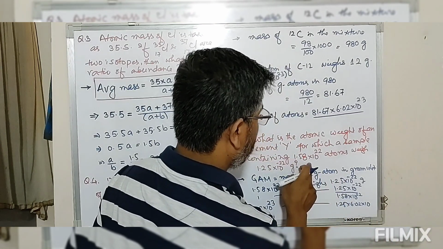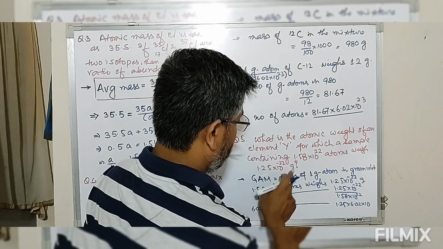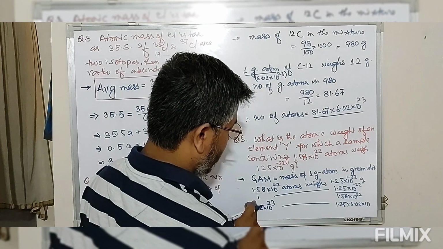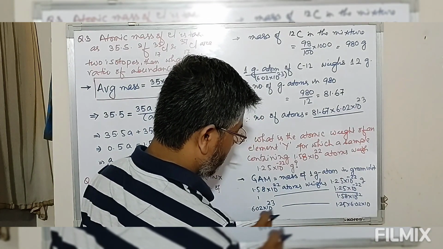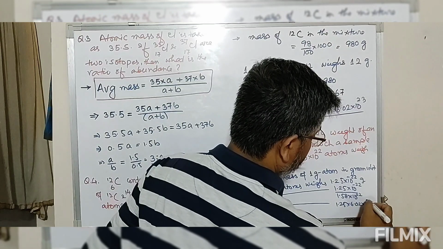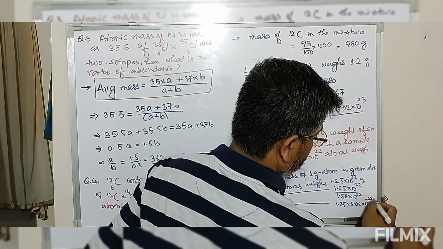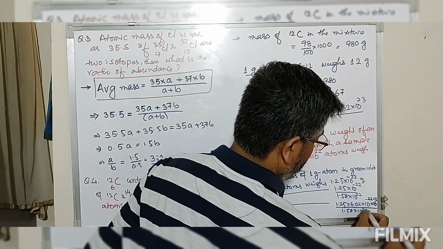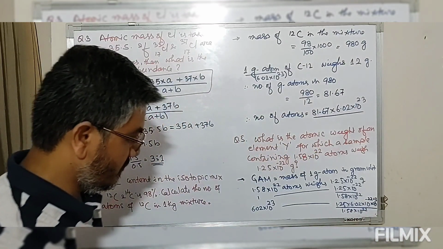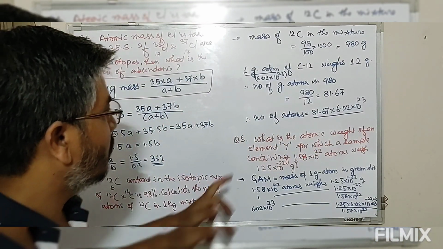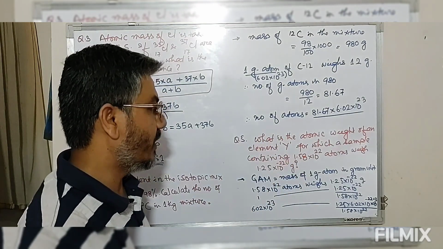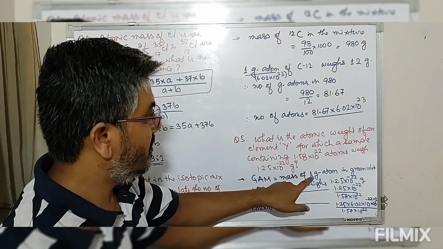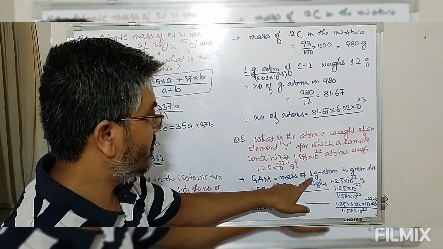Mass of 1 gram atom: if 1.58 into 10 to the power 23 atoms weigh this, then one atom will weigh this, multiplied by 6.02 into 10 to the power 23 atoms, divided by 1.58 into 10 to the power 23. So this will be the mass of this Y. So now look at this, we are using this concept, gram atomic mass, the mass of 1 gram atom.